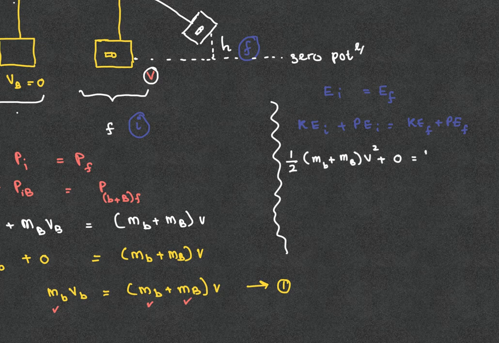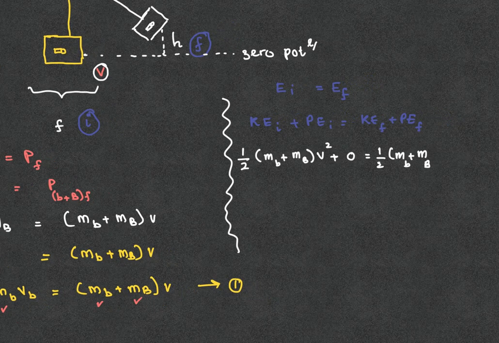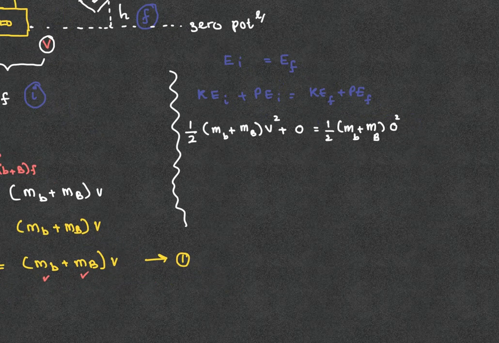And here you have 1/2 mb plus mb the block, and then 0 is our velocity at the highest point, and then we have the potential energy equals mass of the bullet plus mass of the block times g and h.